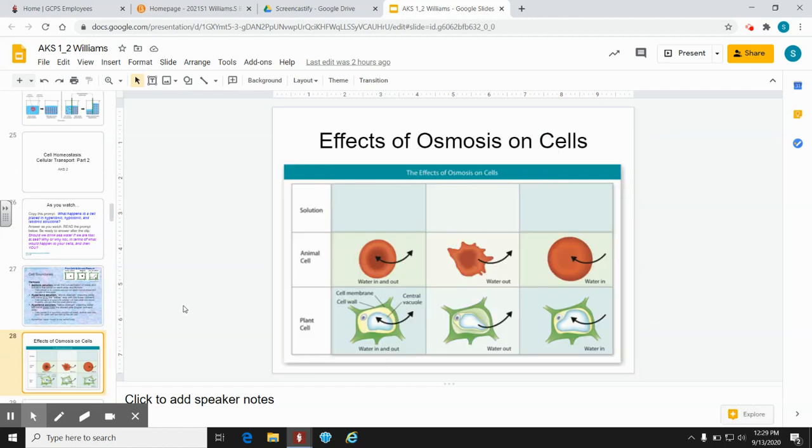So number 11, I want you to take a look at the net movement of water of the animal cell and a plant cell, and you need to tell me what kind of solution these cells are in. So remember, your choices are going to be isotonic, hypertonic, hypotonic. Those are your choices. So you can pause the video and make your selections.